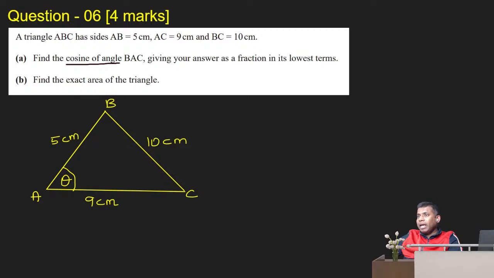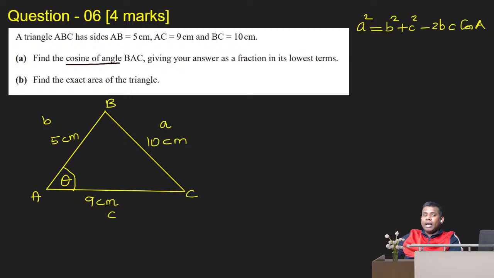If anybody needs some help, the cosine rule is a squared equals b squared plus c squared minus 2bc cosine of that A angle, right? So the A is this one, and b and c are these, and this is the A angle.